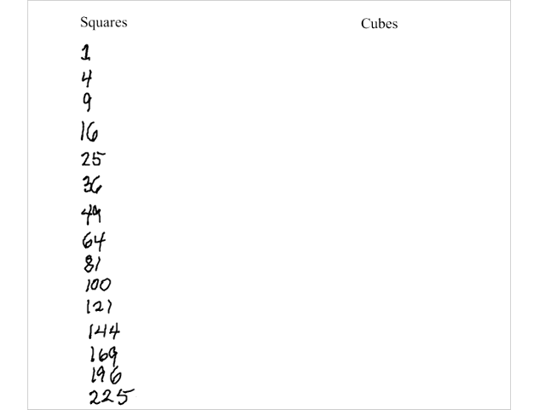Okay. Now, cubes are not recognized quite as often. So, 1 cubed is 1, 2 cubed is 8, 3 cubed is 27, 4 cubed is 64, 5 cubed is 125, 6 cubed is 216, and 7 cubed is 343. As you notice, they get big kind of fast.